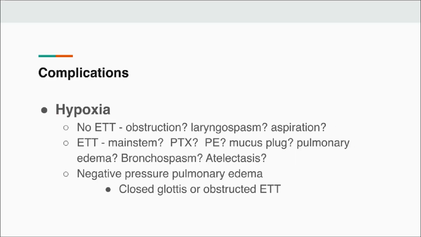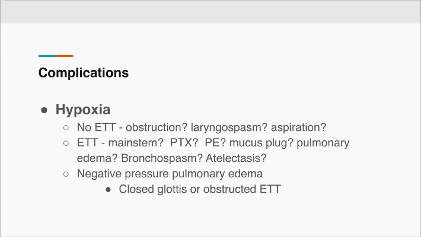The next complication that is seen is hypoxia. And hypoxia can happen for different reasons. Obviously, if we don't have an endotracheal tube, the reasons are much different than if we do have an endotracheal tube in place. So if the patient's just breathing spontaneously with a nasal cannula or even a supraglottic airway, we worry if there's an obstruction. So is soft tissue getting in the way? Does the patient have sleep apnea?